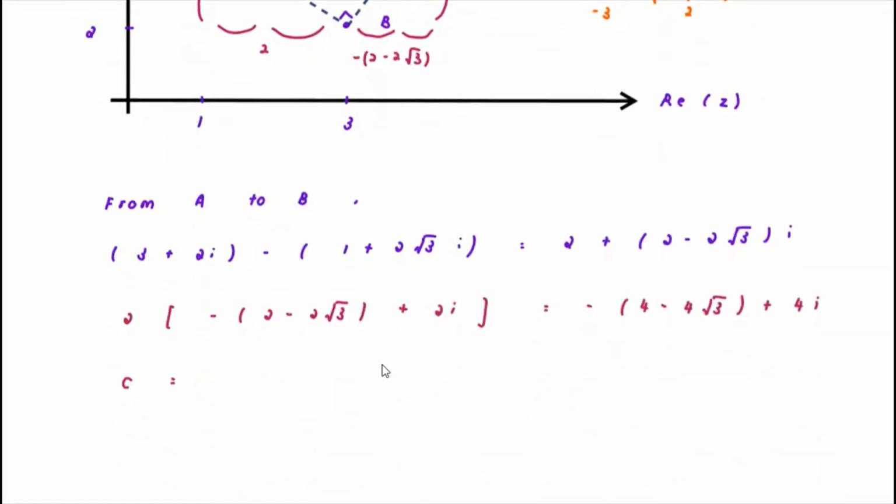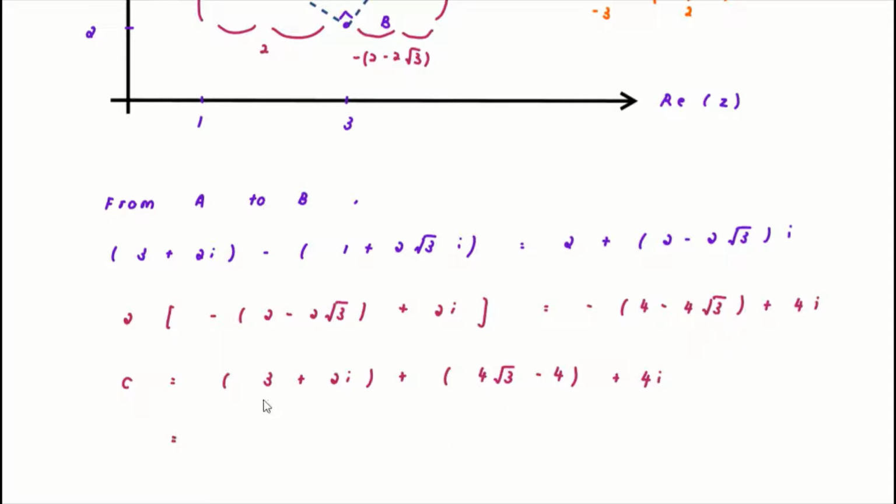It is 3 plus 2i. Okay, so 3 plus 2i, and then plus what we want to displace here. Sorry for that. Okay, I'm just rearranging this here, negative 4 and then plus 4 square root 3. So 4 square root 3 minus 4.